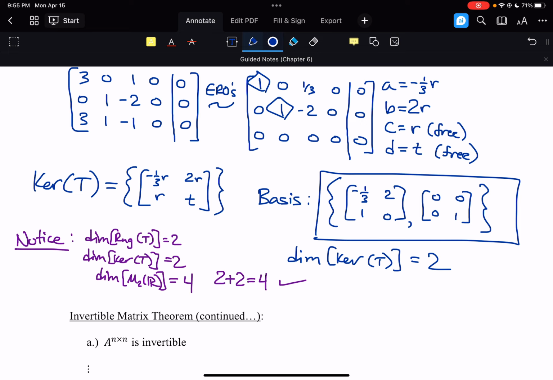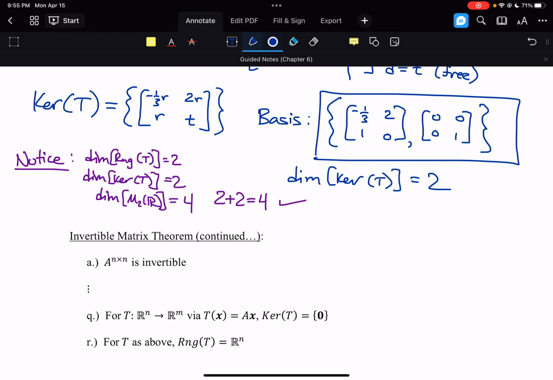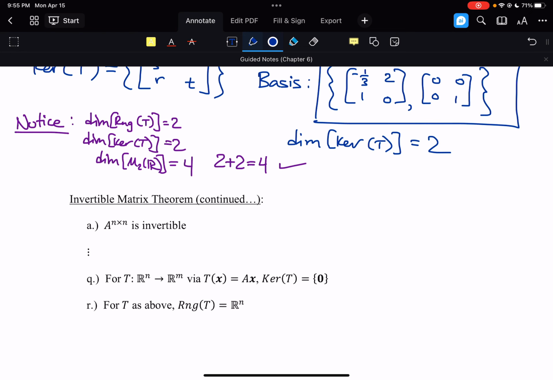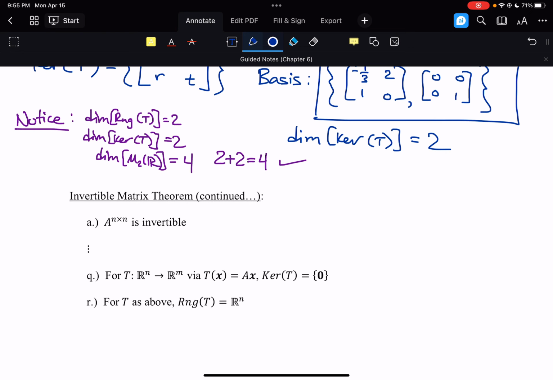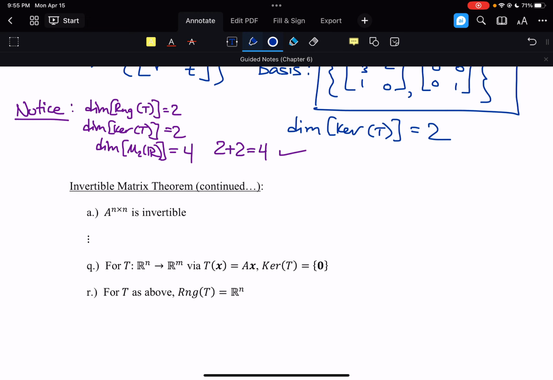So we can, at this point, add a little bit extra onto our invertible matrix theorem. We have a couple new conditions that are equivalent to a matrix being invertible, and that is, for a transformation from Rn to Rm, the kernel of T is 0. In other words, the only thing that transforms to 0 in the matrix transformation is 0.